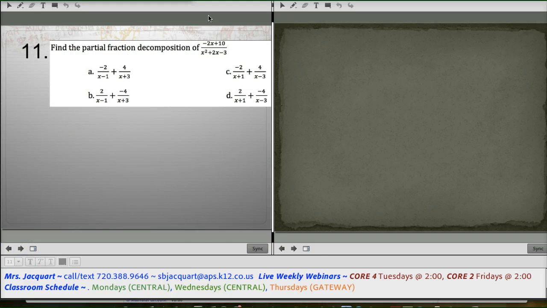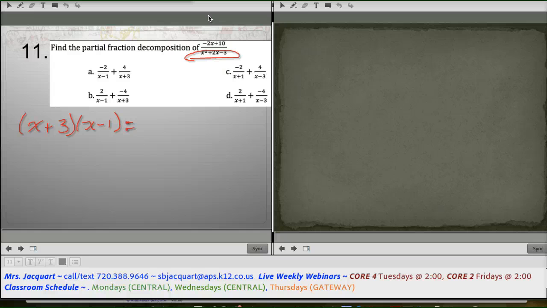Okay, now working with partial fraction decomposition, the first thing you need to do is factor the denominator. So that's x plus 3, x minus 1. And then you're going to rewrite your equation, and I'm going to work on the whiteboard for that.